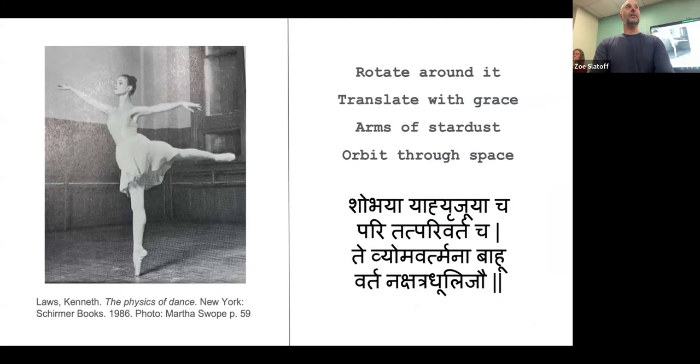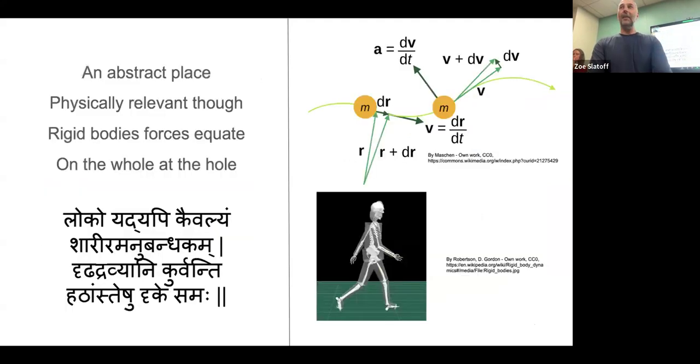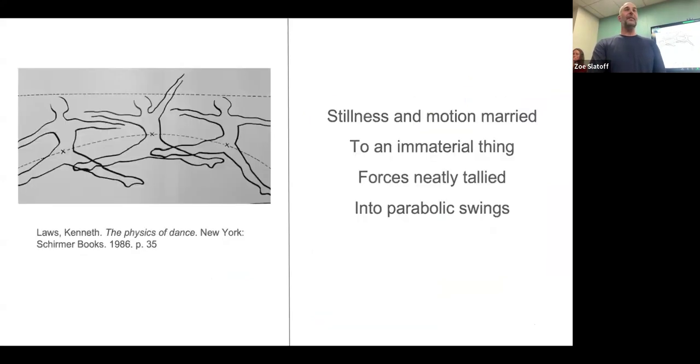Arms of stardust orbit through space. An abstract place, physically relevant though. Rigid bodies forces equate on the whole at the whole. Stillness and motion married to an immaterial thing. Forces neatly tallied into parabolic swings.